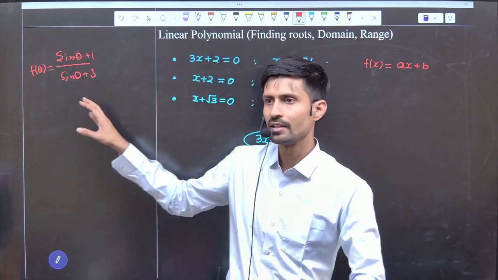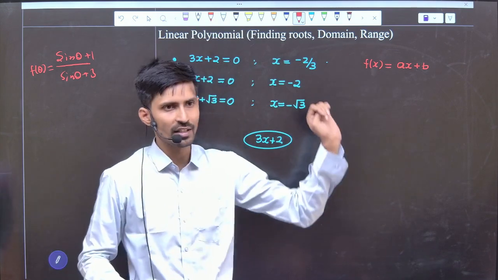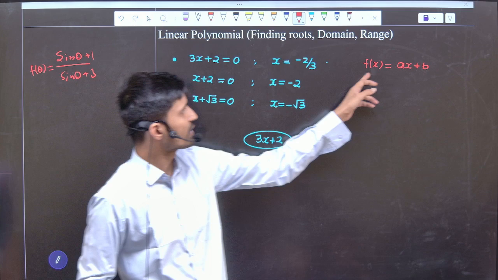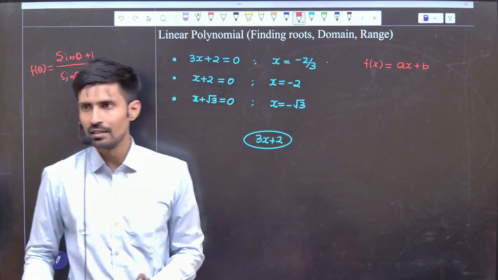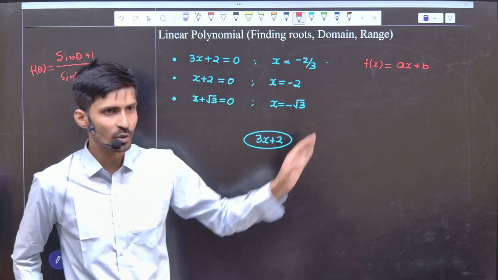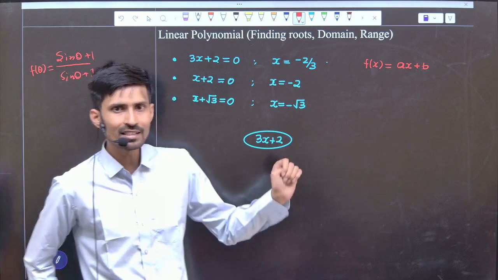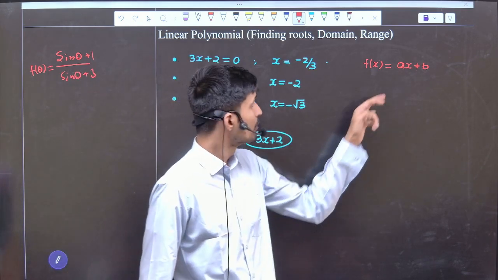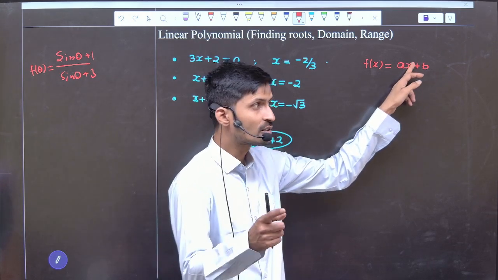That's why we write f of x is equal to ax plus b. That is the representation of a linear polynomial. And why is it linear? Because the degree of x is 1 here. That's why it is linear.